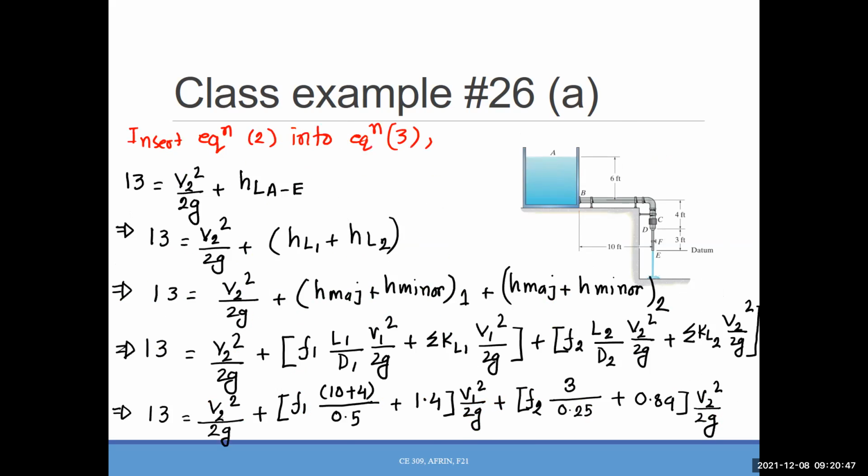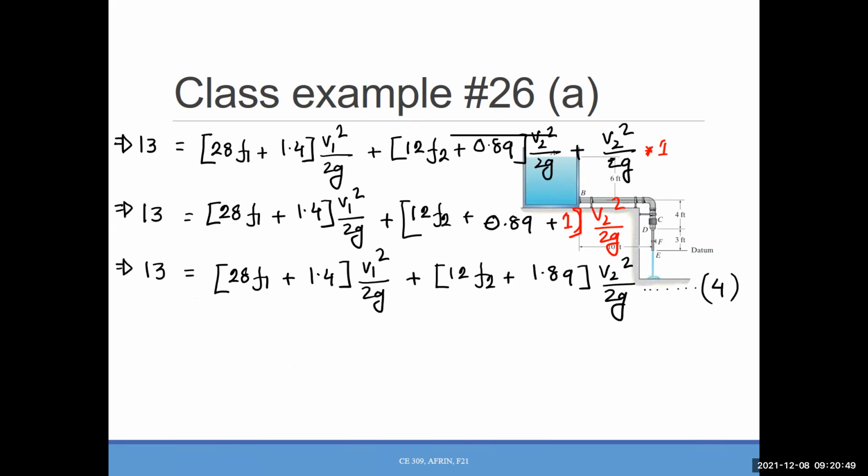Equation 3. Yes. Now, is there any way I can connect V1 and V2 and reduce at least 1 unknown from this equation? Is there any way I can connect V1 and V2? From the given equations or given relation, do you think I can connect V1 and V2?